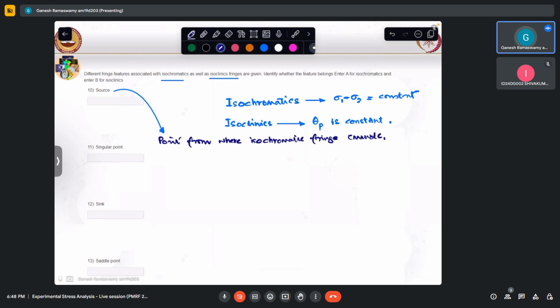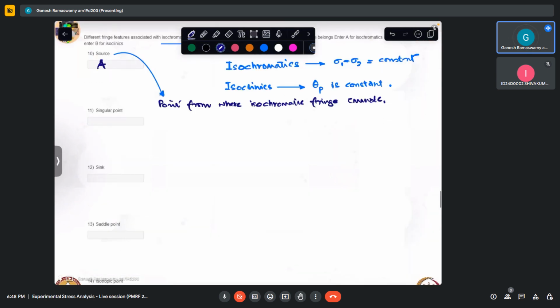That is why we are trying to correlate this to fluid flow. So from here, when we load the system, we see that the fringe orders appear from the source. So this is definitely related to isochromatic fringes.